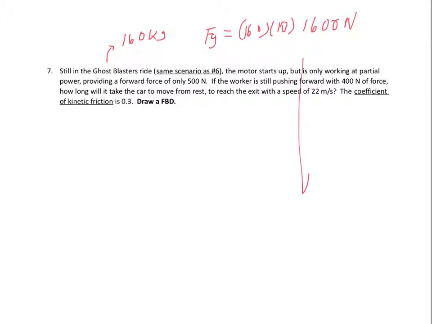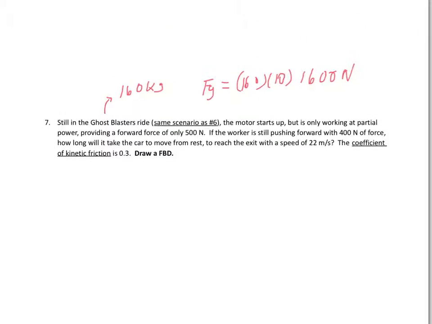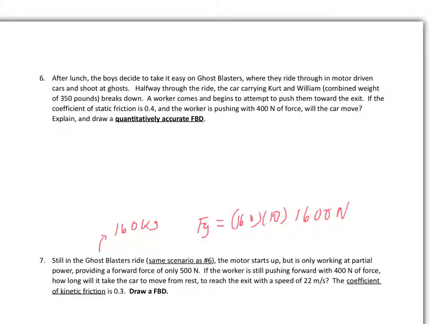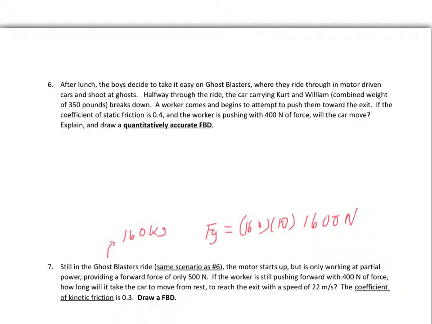Whoops. I said that the friction force was 480 newtons, and that's false. 1600 times 0.4 actually gives us 640 newtons in the previous problem. So I apologize for that, and you'll see that in the previous vid.